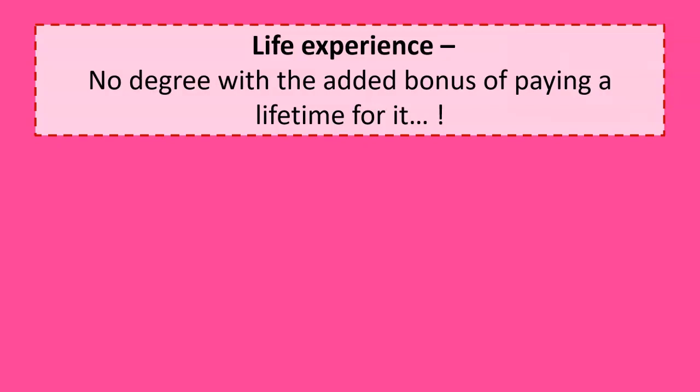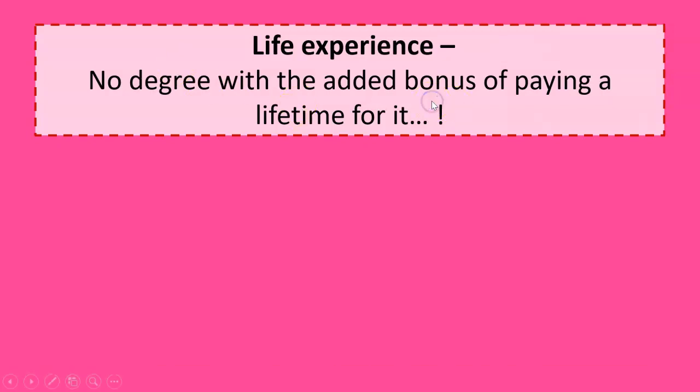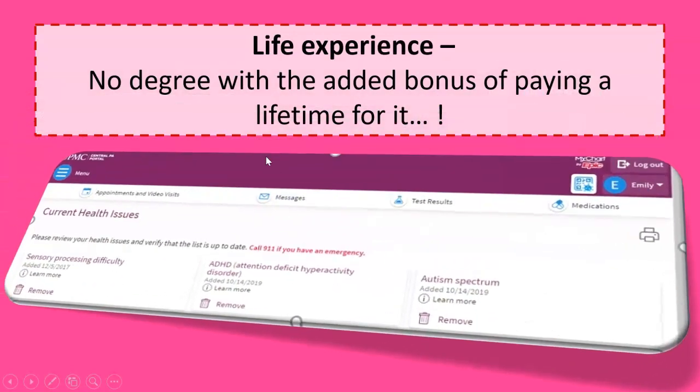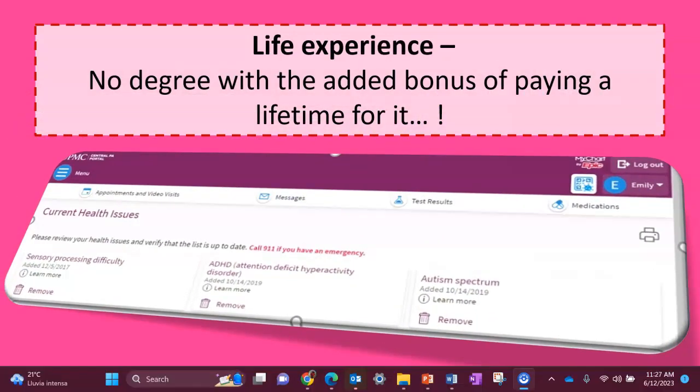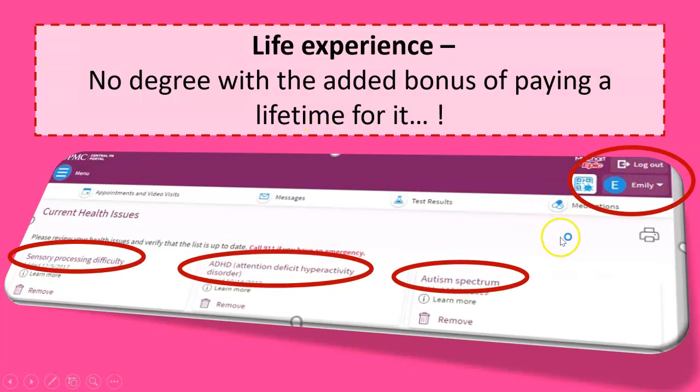I do not have a degree in this. I did not have to pay to learn about this. I just have a lifetime of knowing about it and living with it. So my own, if I move the camera there so you can see, sensory processing difficulty or disorder, as well as ADHD and autism spectrum.